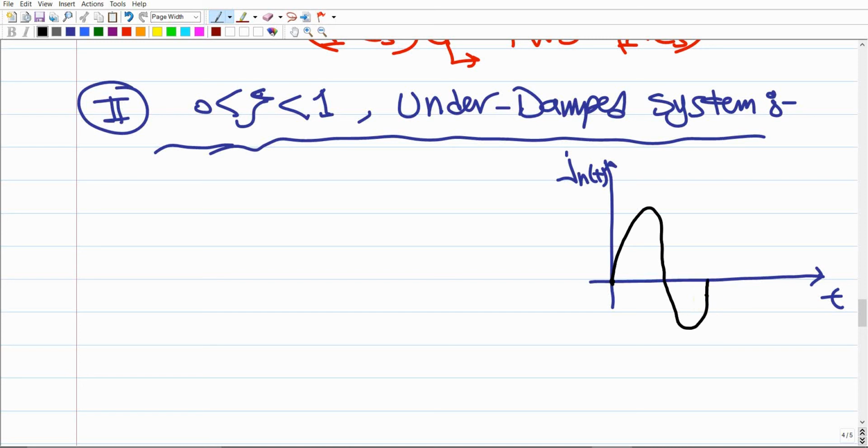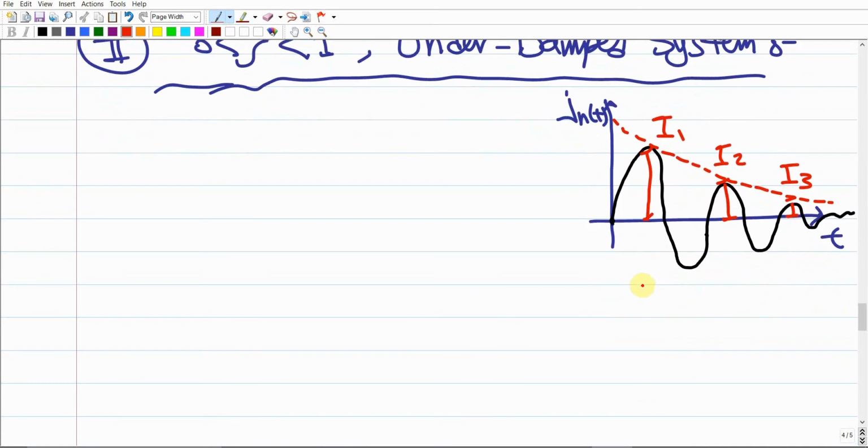Then the amplitude decreases in the second cycle and decreases more in the third cycle, and so on until it decays and there is almost no amplitude. So this is an underdamped system. Here the amplitude I1 is bigger than I2, and I3 is smaller than I2. It means that we have a decaying, decreasing amplitude.